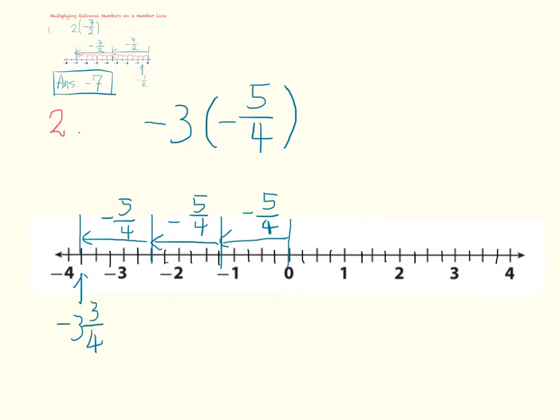Now, if we were just multiplying 3 times negative 5/4, this would have been our answer. But no, this is a negative. That means we have to find the opposite of this answer here. So find the opposite.